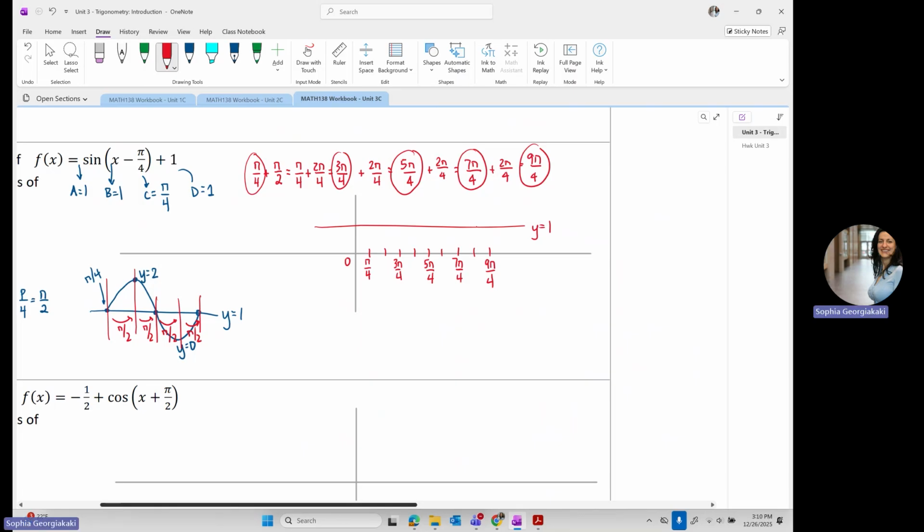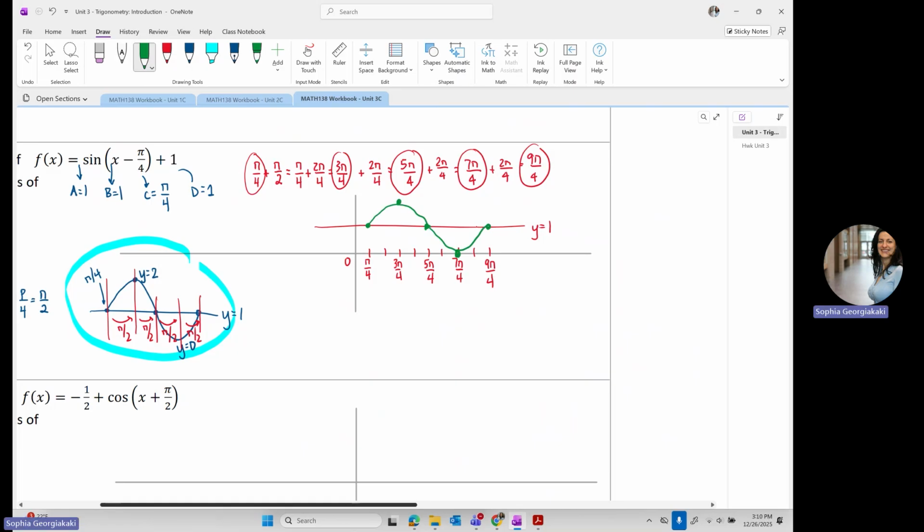And if you remember, this is the graph of my sine function on the left, right here. And I want to move this up on my graphing paper. So pi quarters with the midline, 3 pi quarters with the top, 5 pi quarters with the midline, 7 pi quarters with the bottom, which is y equal to 0, and 9 pi quarters with y equal to 1. This is my graph.